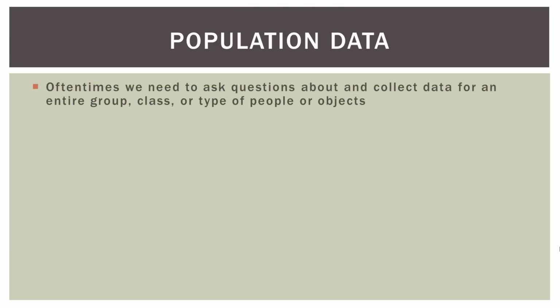Population data. Oftentimes we need to ask questions about and collect data for an entire group or class or type of people or objects. The key word there is entire. Say, the height for all women in the U.S. ages 18 to 35.